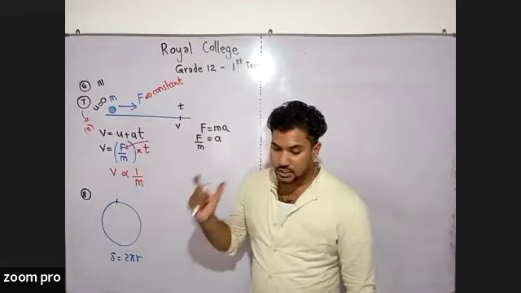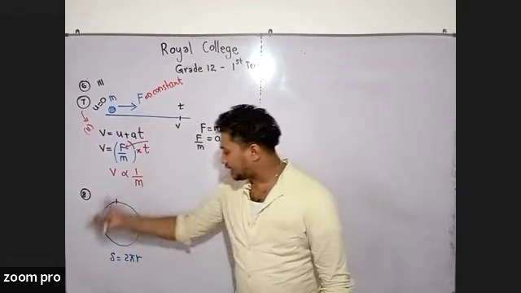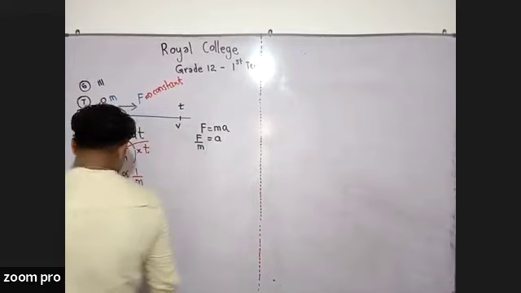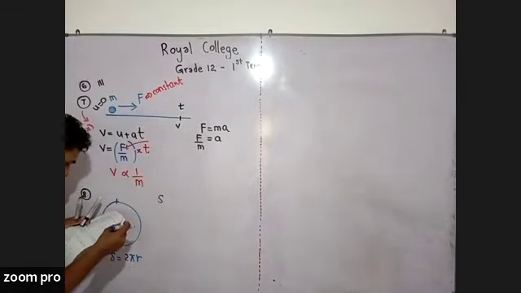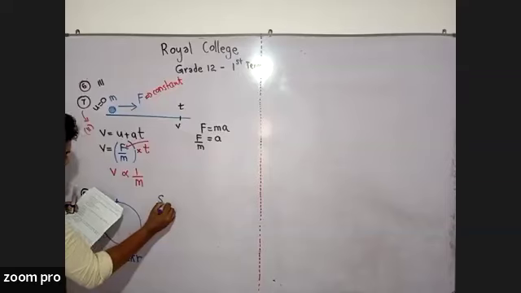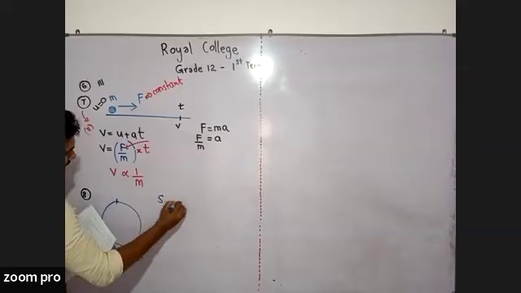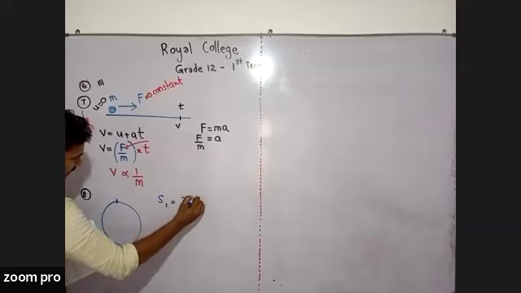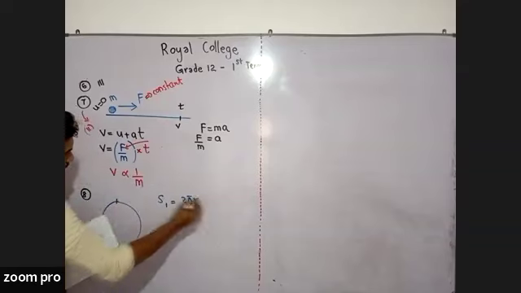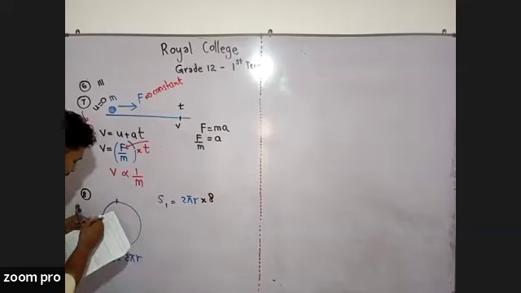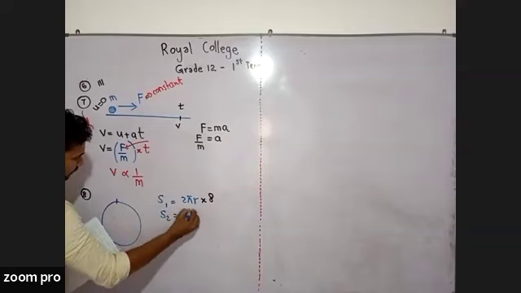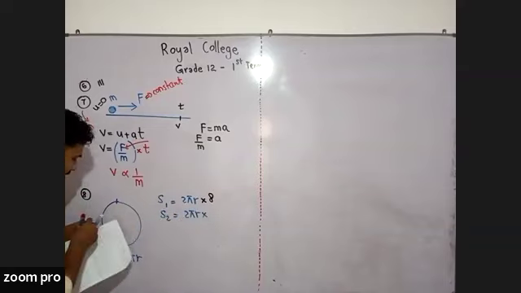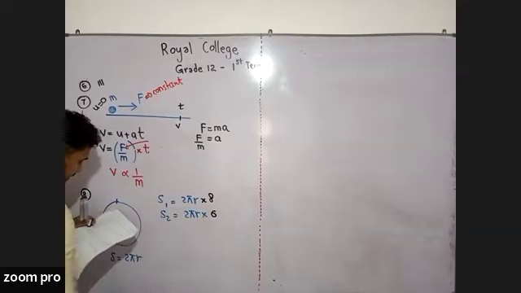Right. So if the students move 8 rounds, the distance traveled by the first student is equal to 2πr into 8. And the distance traveled by the second student is equal to 2πr, same radius, into 6, isn't it?